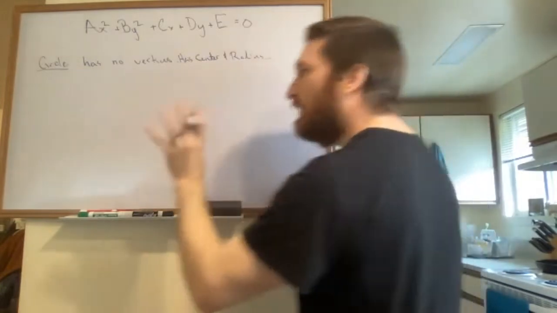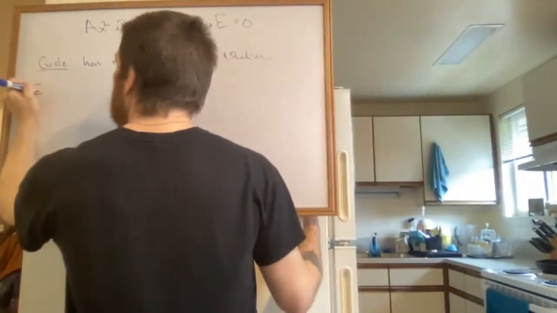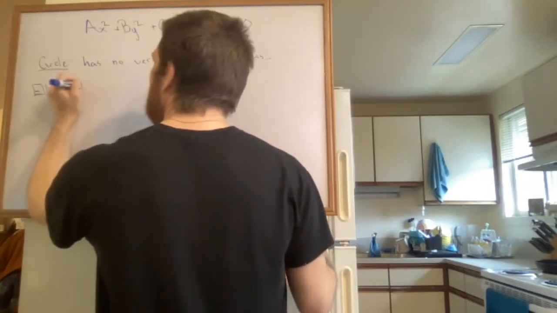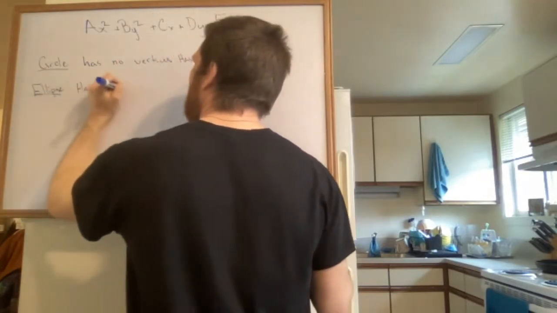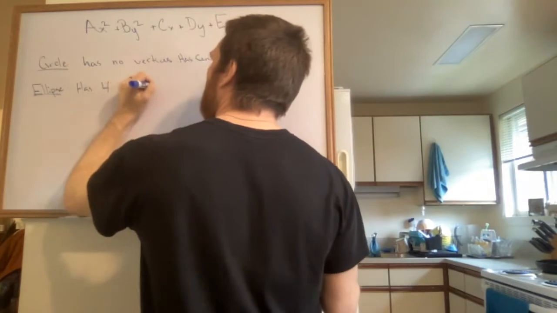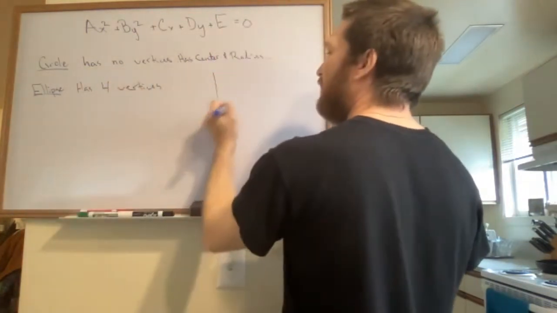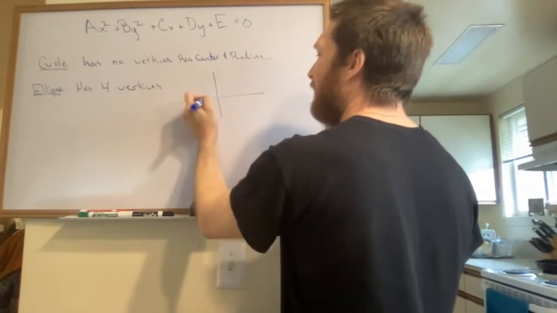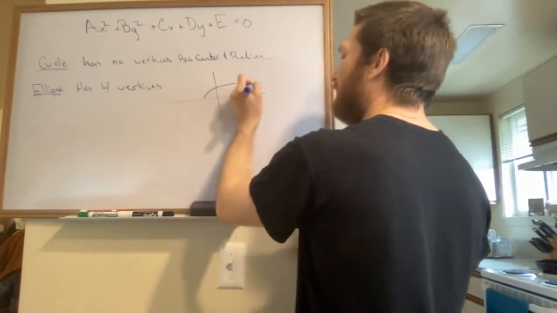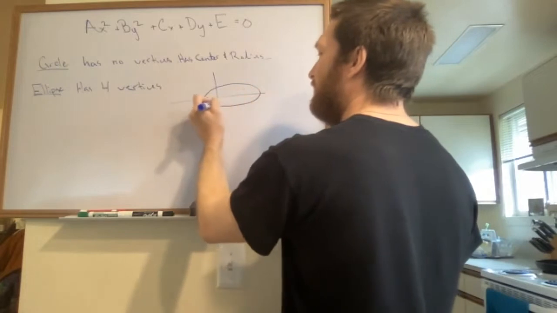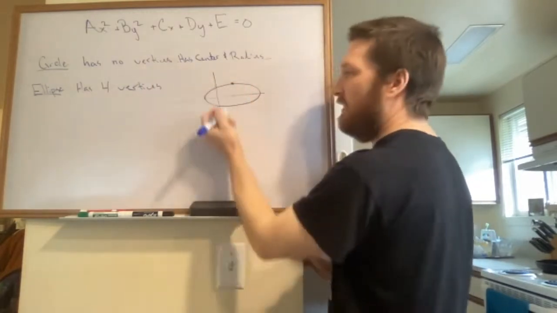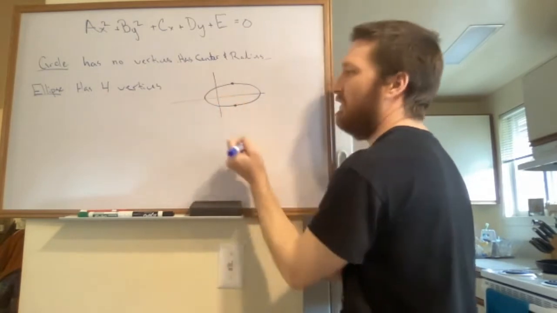So now, so we're clear, an ellipse has 4 vertices, right? And they occur at those extreme values. So let's say I'm going to off-center this ellipse a little bit. We'll say we have this ellipse right here. The highest point is one of the vertices. The lowest point is one of the vertices.